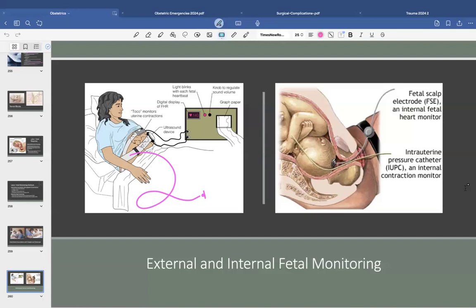These internal tests can only be used if the amniotic sac is broken, so only after the water's broken, or you've broken the water.